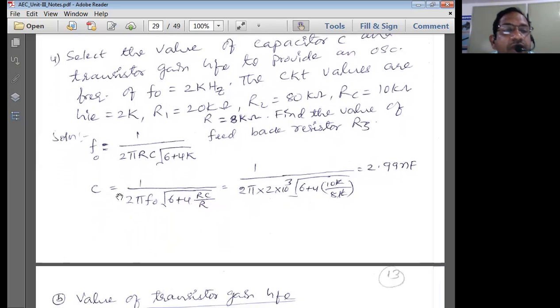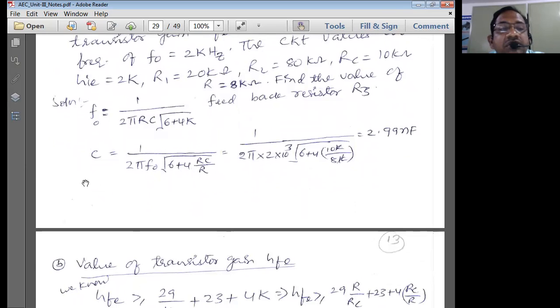First of all, you have to find C. You should know this formula, which is what I was telling you: F0 is equal to 1 by 2 pi RC root of 6 plus 4K. This is the formula for frequency of oscillations in an RC phase shift oscillator. You have to memorize this formula. If you memorize it, you will solve this problem in 5 to 10 minutes at the most.